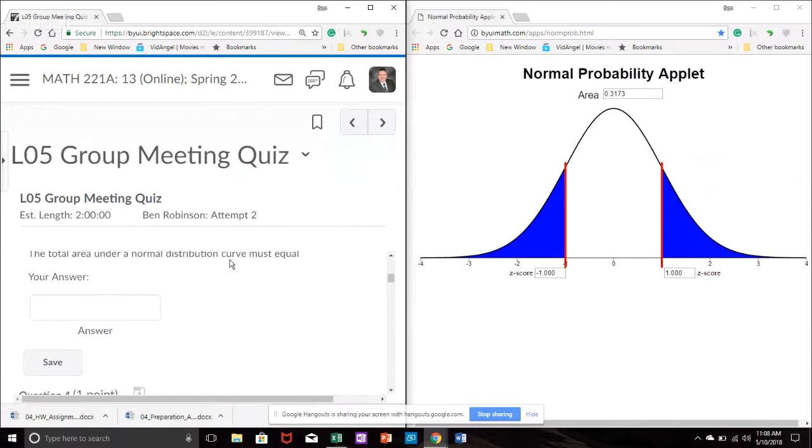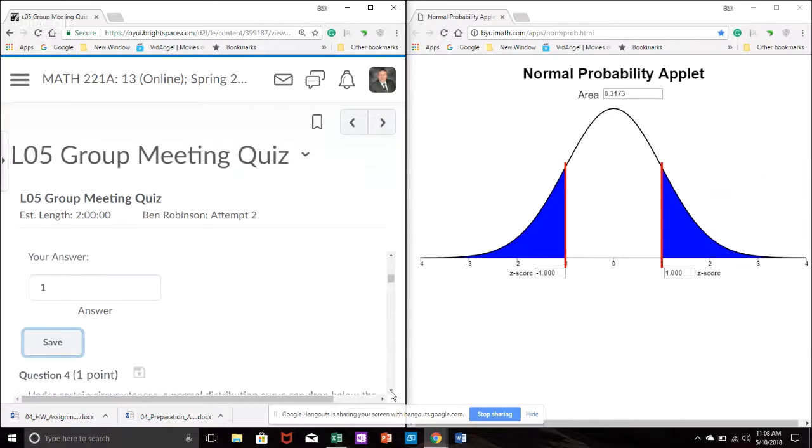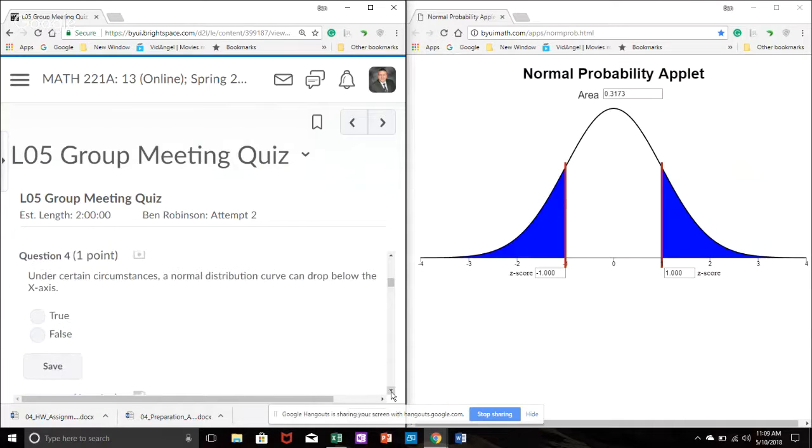Okay, so the first one is the total area under a normal distribution curve must equal 1. Yes. All the distributions together equal 1. Gabriela? Okay, under certain circumstances, a normal distribution curve can drop below the axis.